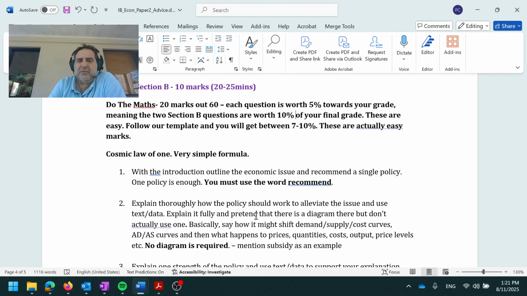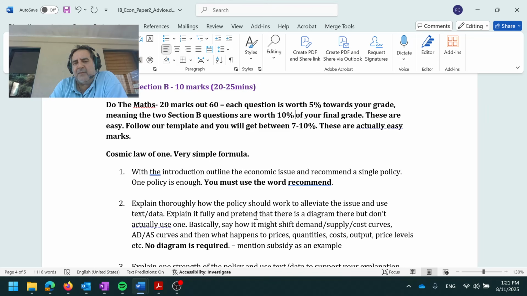With respect to section B, we call it the cosmic law of one, or the universal law of one. It's a very simple procedure to follow, quite formulaic, and if you stick to this, you will do pretty well.